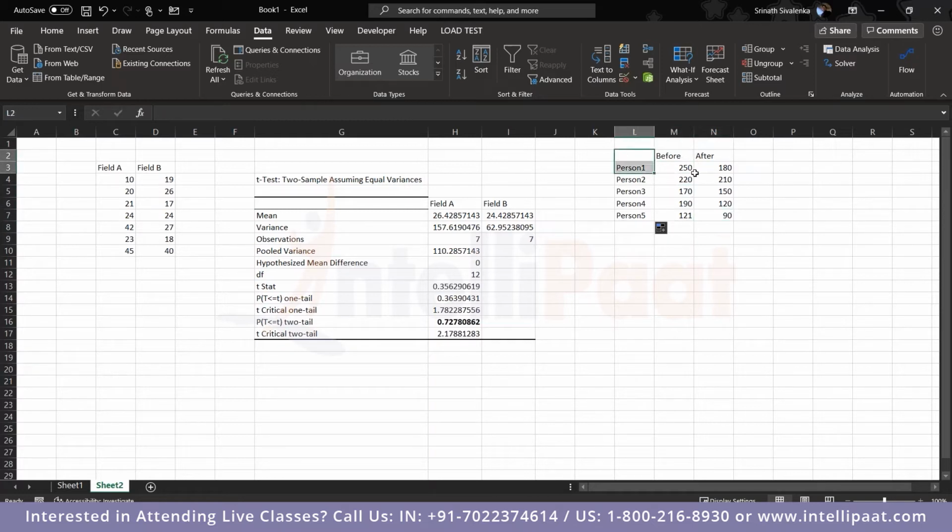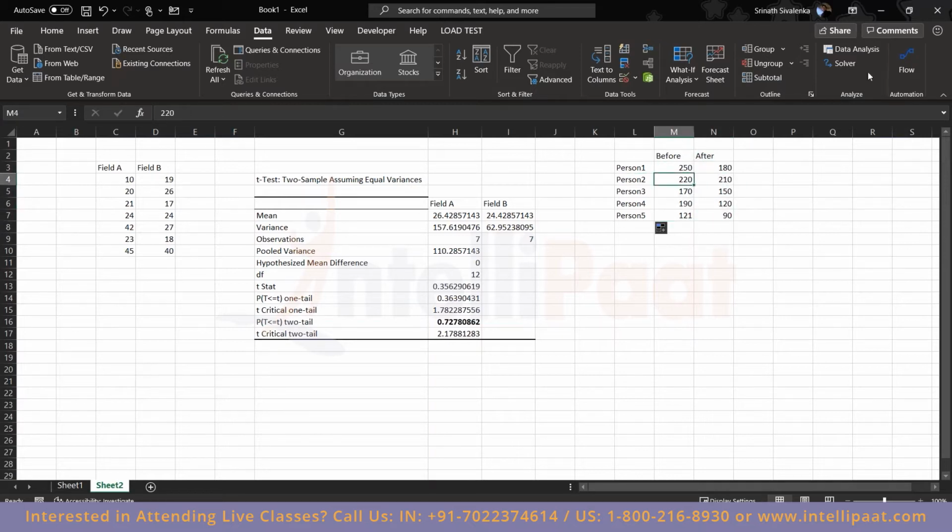Now I'd like to identify if there is a significant difference before and after taking the medication. So what kind of test am I applying here? Exactly, it's a paired sample t test, correct? Paired samples, because this is a pair. It's the same person, and both these observations belong to the same person. Hence, I'll have to perform a paired t-test over here.